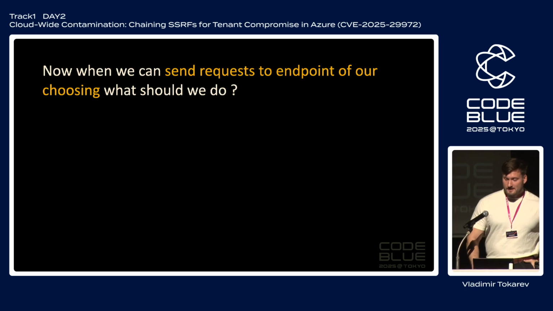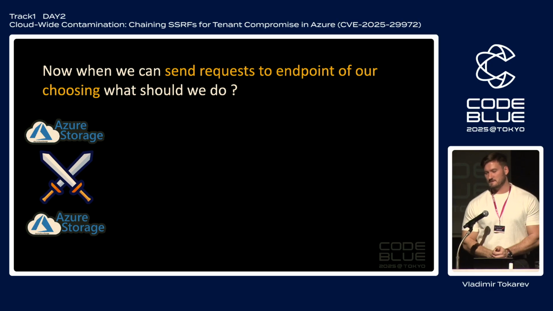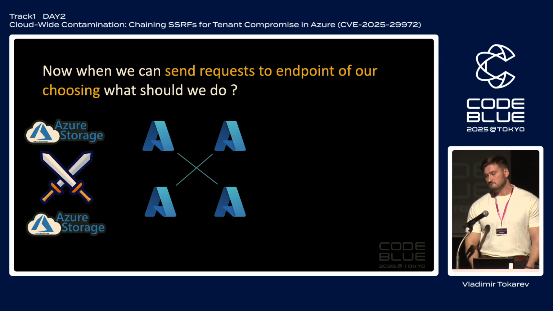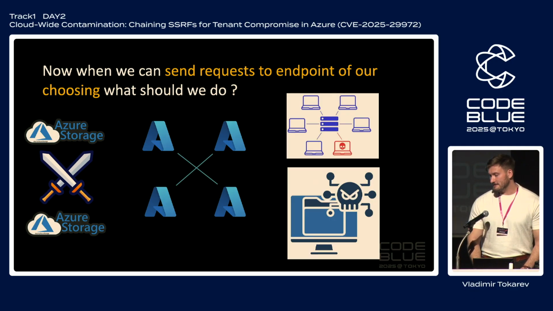And now, after we can do this kind of request, what should we do, right? We had a lot of primitives, a lot of vectors, attack surface we could potentially exploit this into. First, we have Azure Storage Resource Provider attacking Azure Storage Resource Provider, as we said, like changing information for encryption scopes for other users, maybe deleting some files for other users, stuff like that. Then we had, for instance, Azure Storage Resource Provider attacking the Compute Resource Provider, another cool vector we could take, for lateral movement and persistency.